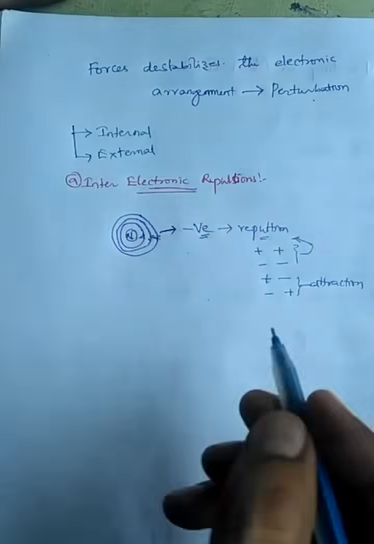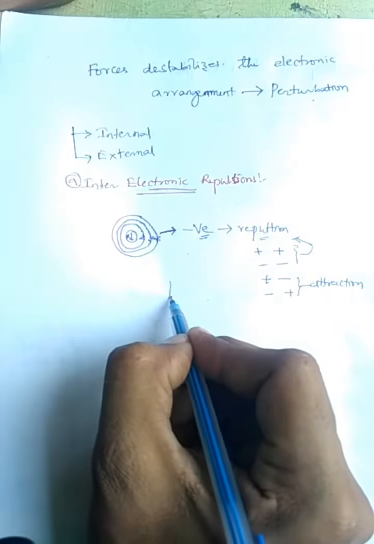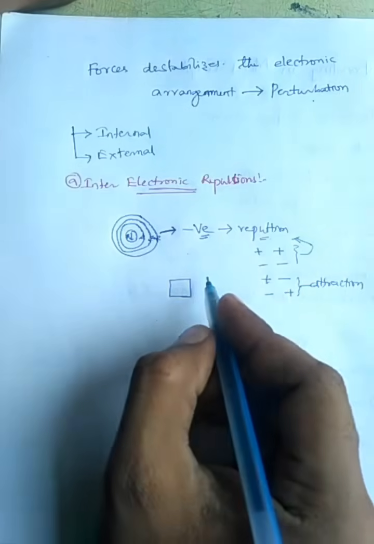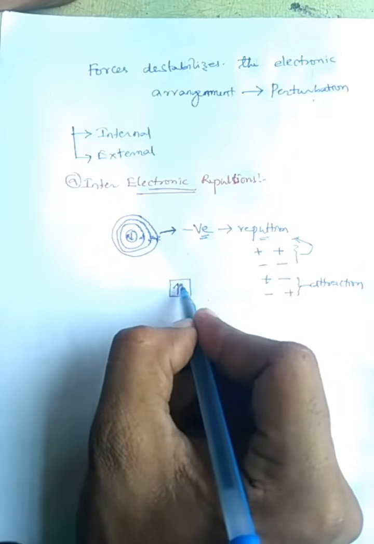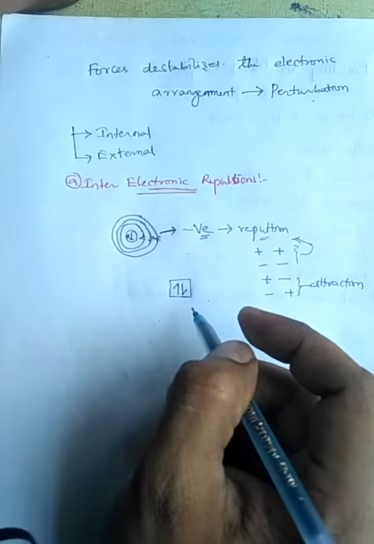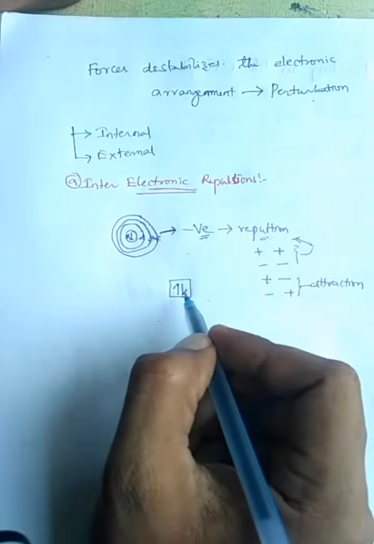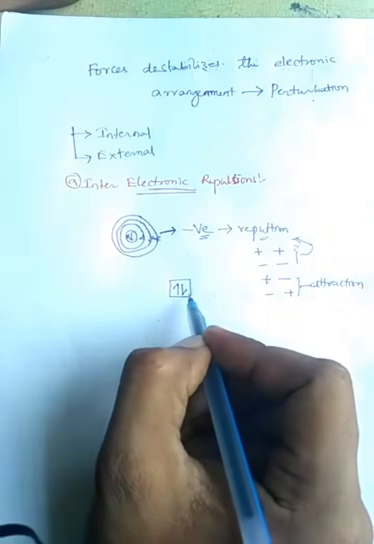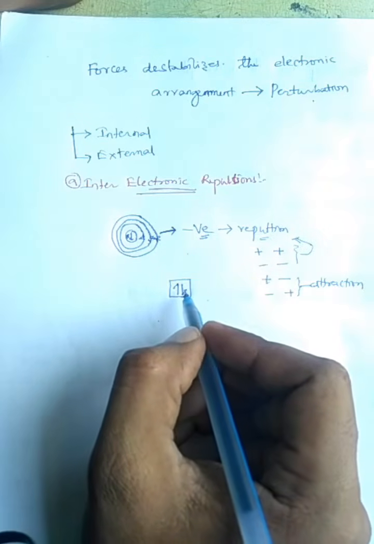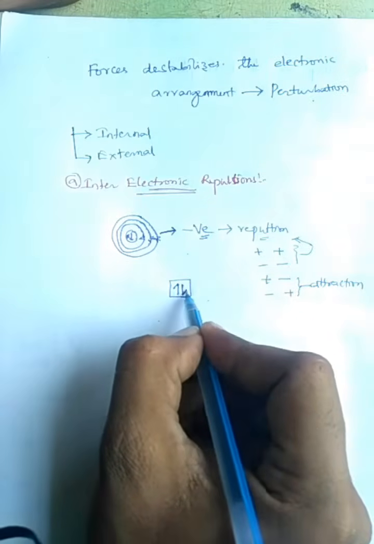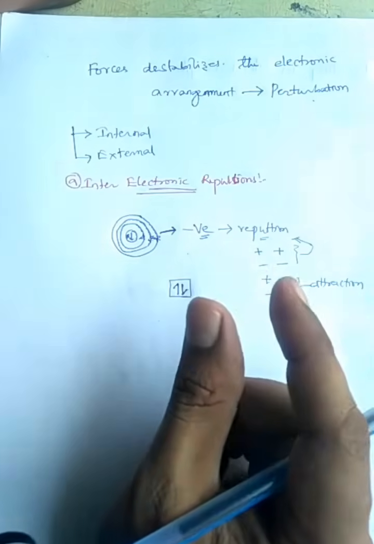This repulsive interaction will destabilize the atom. Not only this, even when we see the orbital, an orbital can accommodate a maximum of 2 electrons in an atom. When the 2 electrons are accommodated, they are very close to each other, in one orbital.